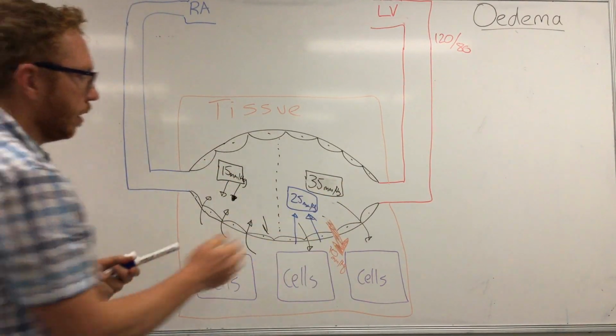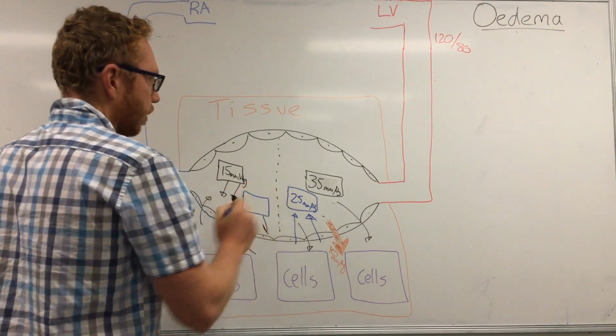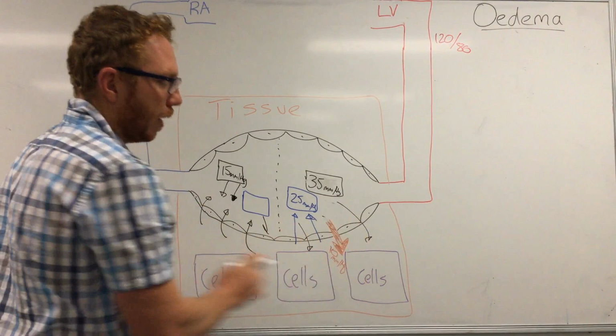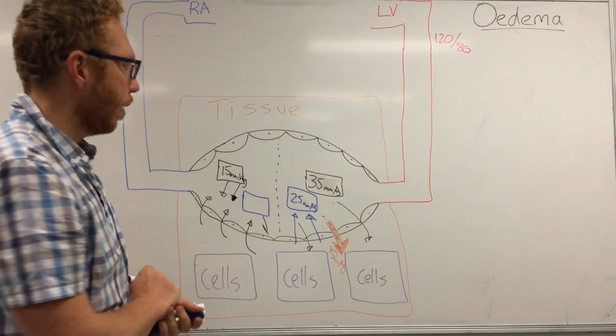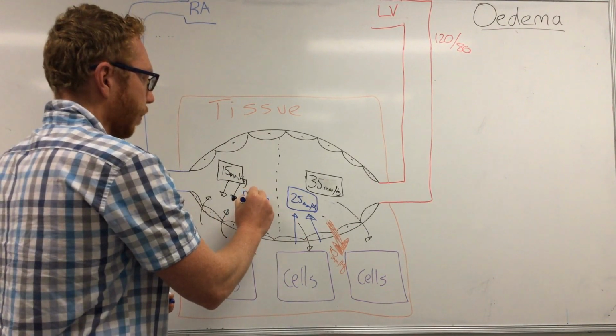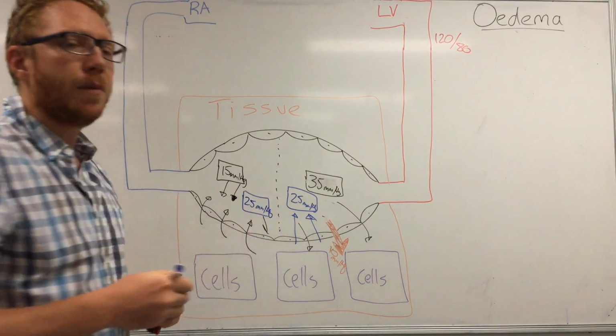Whereas when we come to the venous end, we've still got all the plasma proteins in it. We don't lose much plasma proteins in that plasma, so that number stays about the same. So we'll call that again 25 millimeters of mercury.